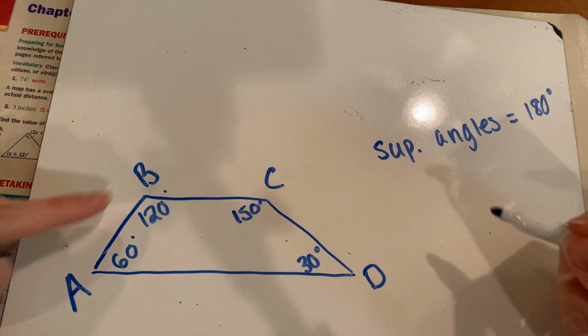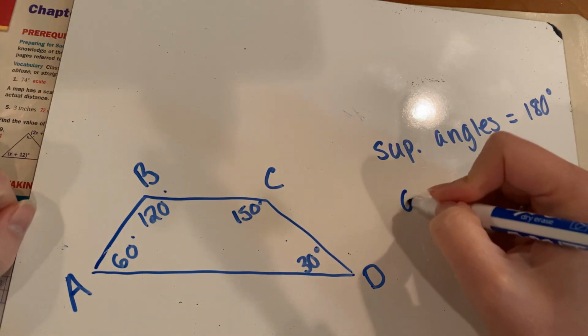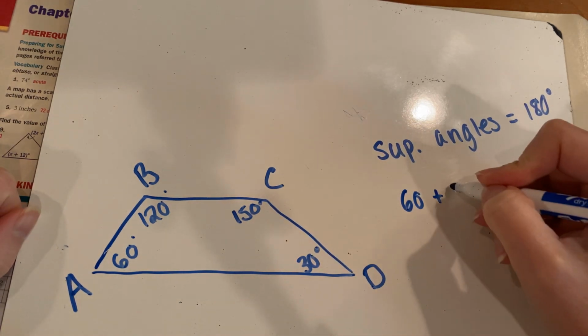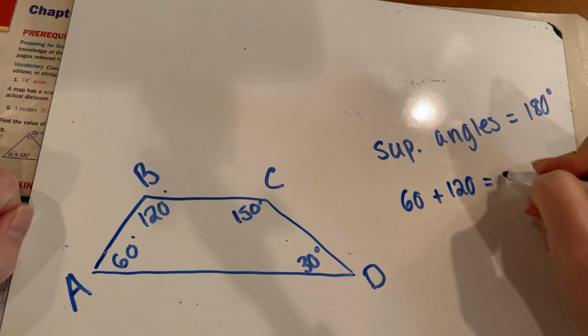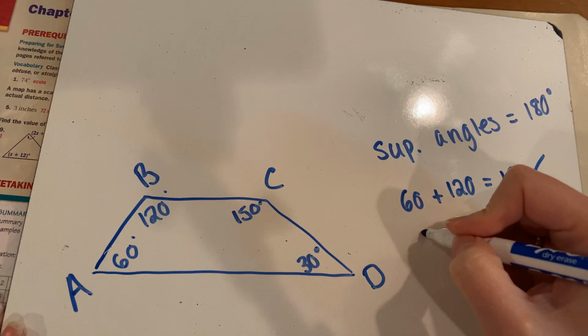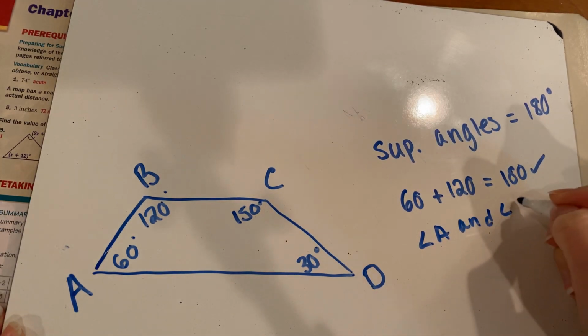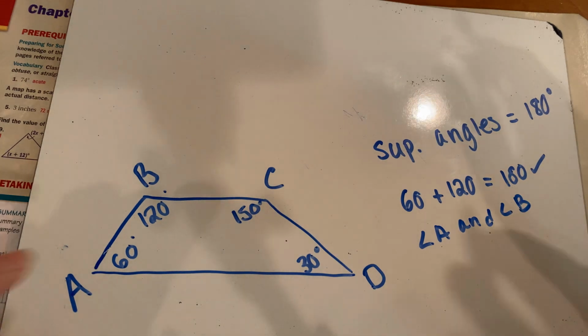All right, A plus B, 60 plus 120 equals 180 degrees. So I found my first pair of supplementary angles. So angle A and angle B are supplementary.